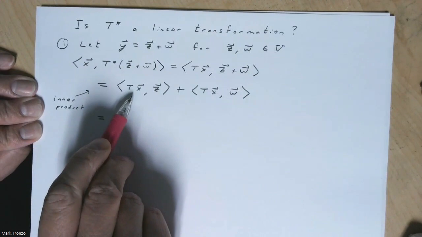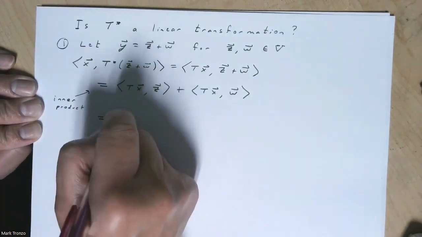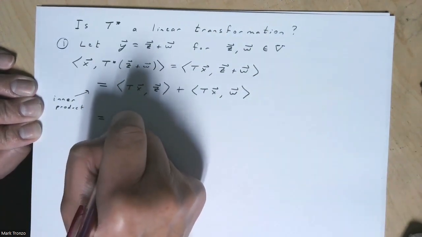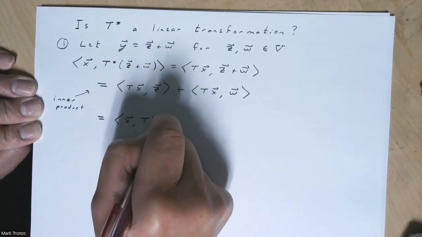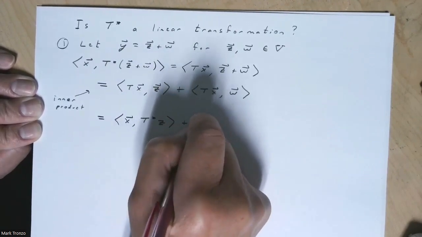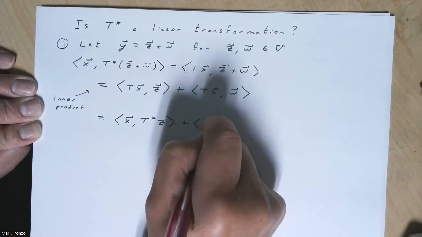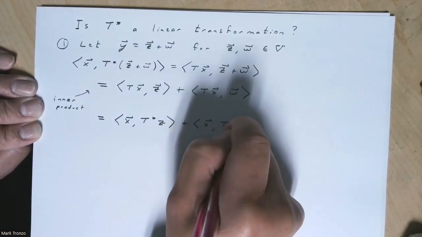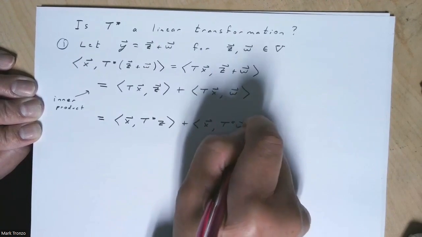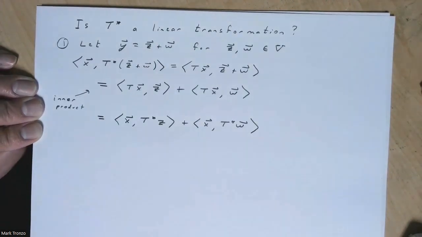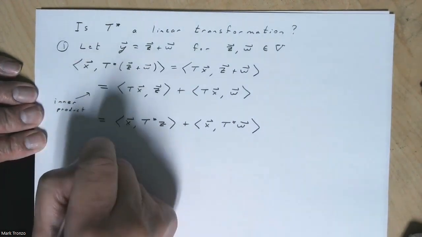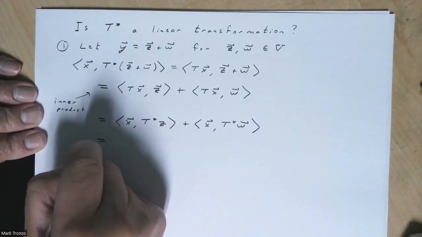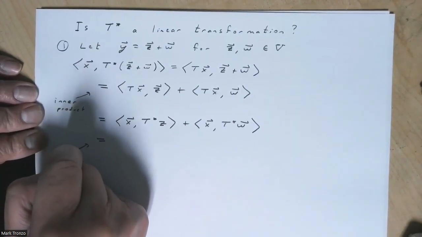And now, once again, using the definition of the adjoint, we have this. Now use the definition of the inner product.